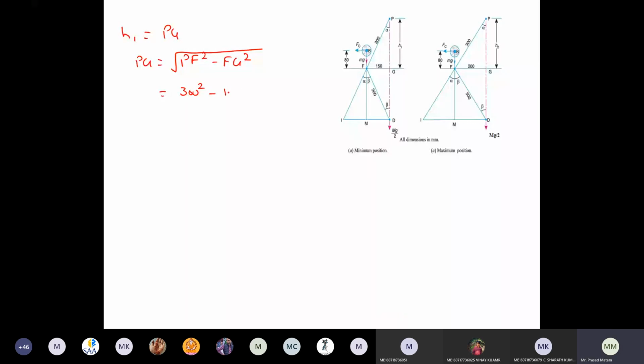And FG is the radius of rotation, 150 square. Give me this PG value. 300 square minus 150 square. How much? 259.8. Right, let it be 260 mm. Let us round it off. That is equal to h1, which is equal to PG. Now we got h1.